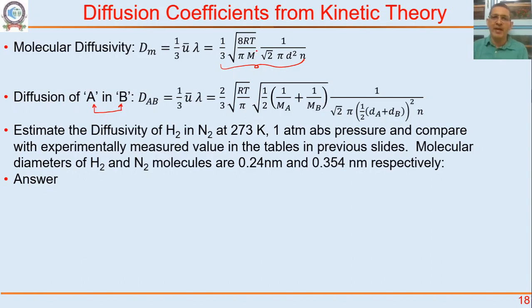Therefore this M we replace by this expression. It's like an average molecular weight, okay? And this diameter of a molecule we replace by an average diameter of the two gases, right? These are the changes because it is diffusion of A into B. Both A and B matter.